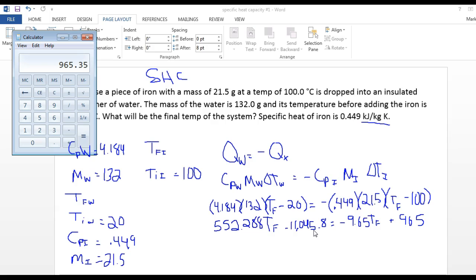And now we're ready to collect like terms. So we have this T of F, 552.288. We're going to add this one to it, because we want to add this to get rid of it. 552.288 plus 9.65 equals 561.94.